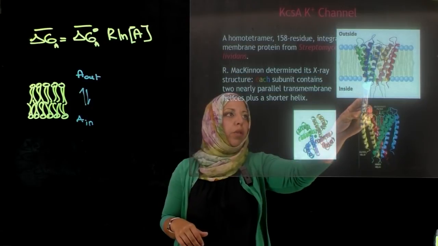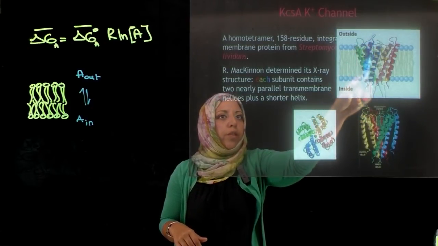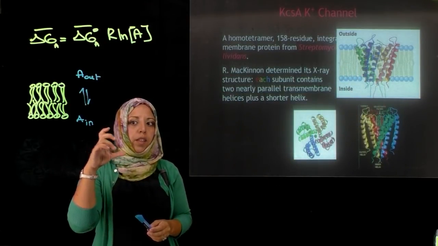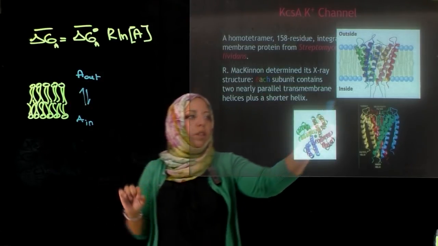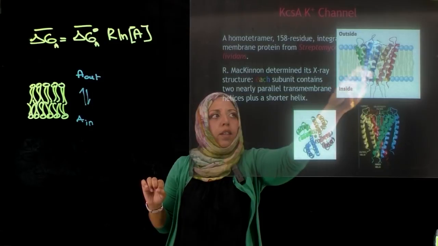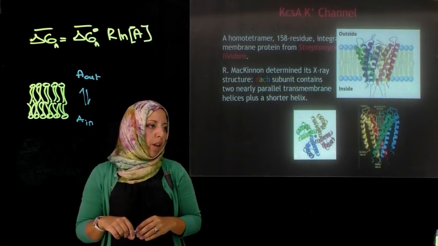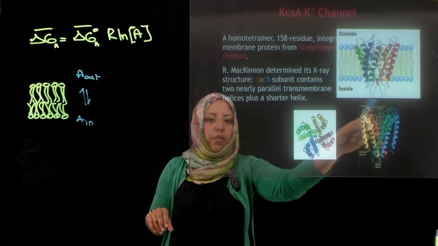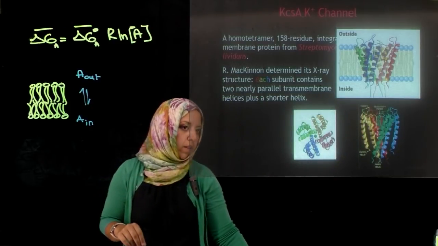If you take a look at the blue, we have a longer helix, another long one, and there's a short one right here. So it's composed of 4 different subunits, right? Those alpha helices are within the membrane, a shorter part of it is on the inside, and then you have a loop towards the outside. We're going to talk about it, but it has this selectivity filter that would specifically allow only potassium ions to pass through.